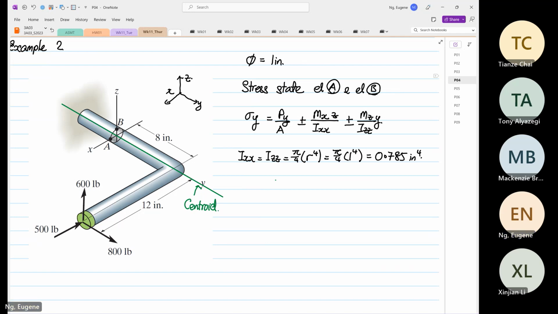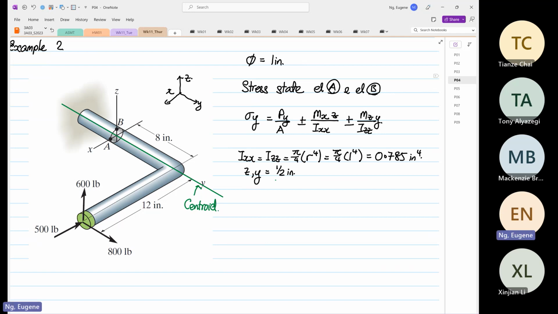Okay, so get the information out, and we know that for this Z and Y is equal to 1 divided by 2 inch, right? Because it's the radius.